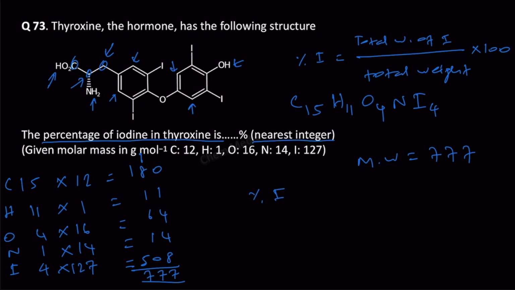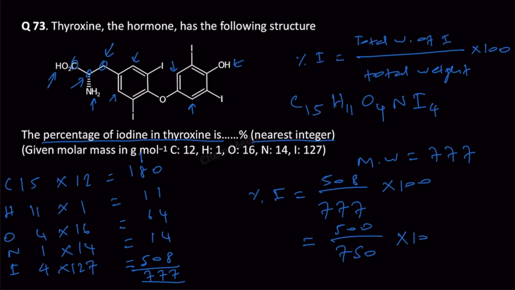Therefore percentage of iodine is equal to 508 divided by 777 times 100. To make the math easier, I am writing it as 500 divided by 750 times 100, which is like 2 by 3. So 2 by 3 is 66.66.